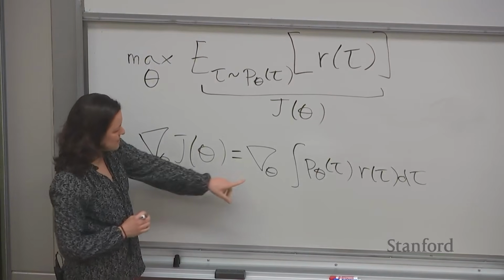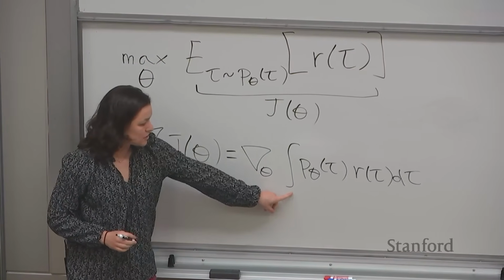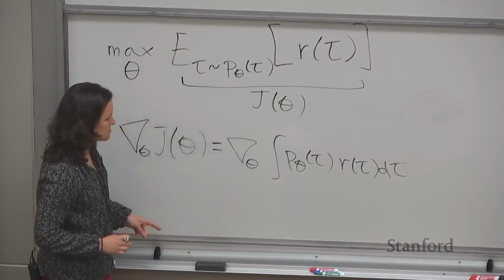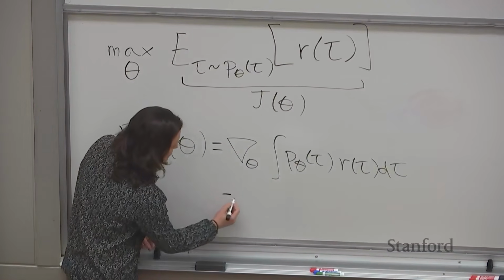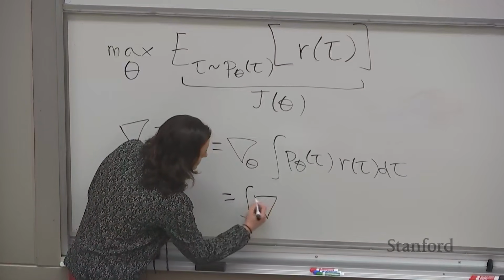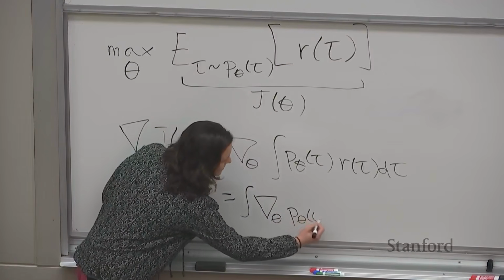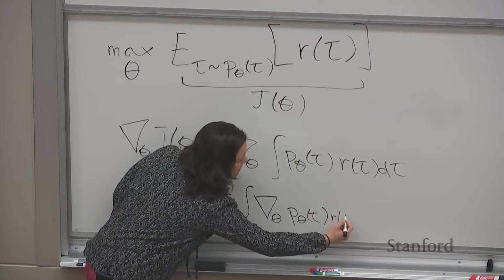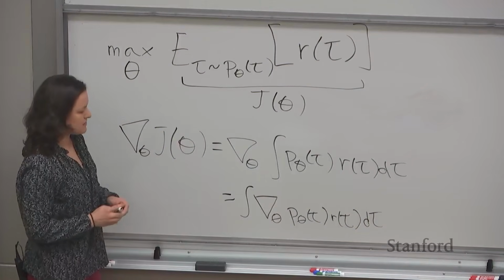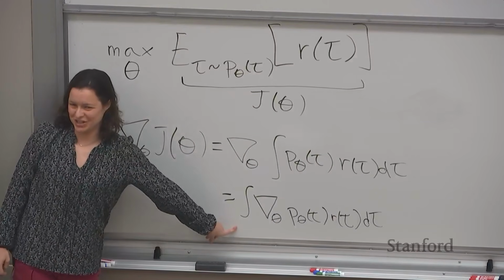Now, because an integral is a summation, which is a linear operation, we can bring the gradient inside the integral. In particular, that looks like the integral of the gradient of p theta of tau, times R of tau. This doesn't really help us directly, because we don't want to have to evaluate this integral in order to take a gradient.